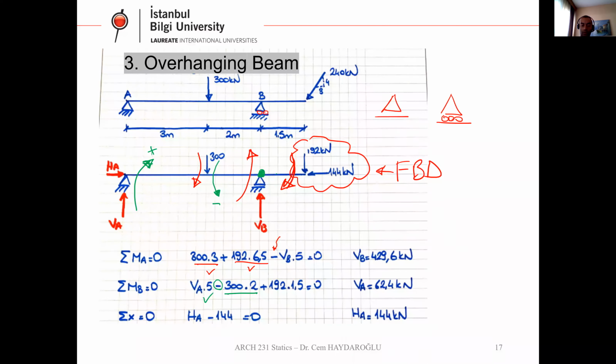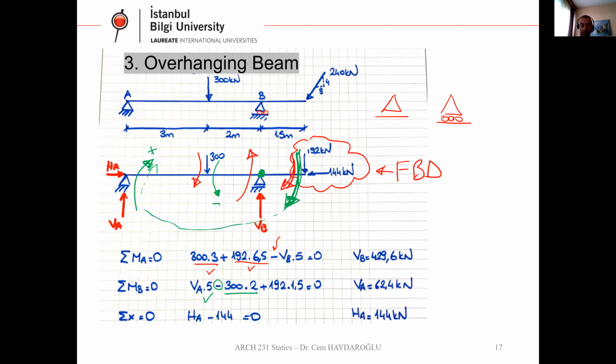And what I have, 192 kilonewton, rotates the system in this direction. Is it positive or negative? So this is the rotation point. The first positive rotation direction is this. So this arrow follows the positive direction.